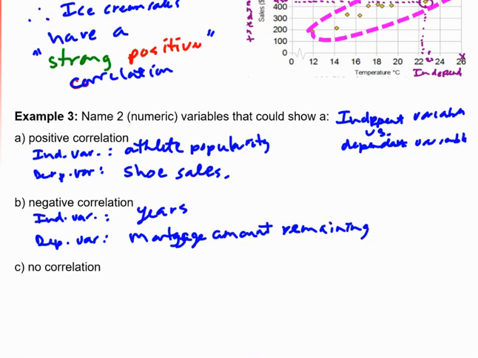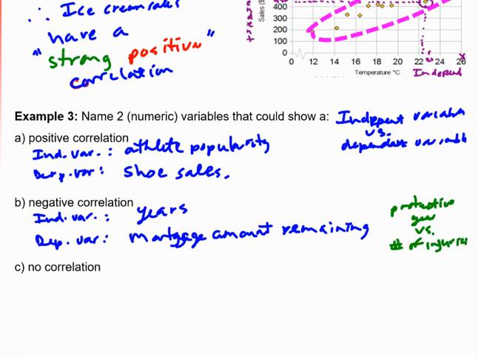I had another negative one. Let's say the independent variable is the amount of protective gear and the dependent is the number of injuries.